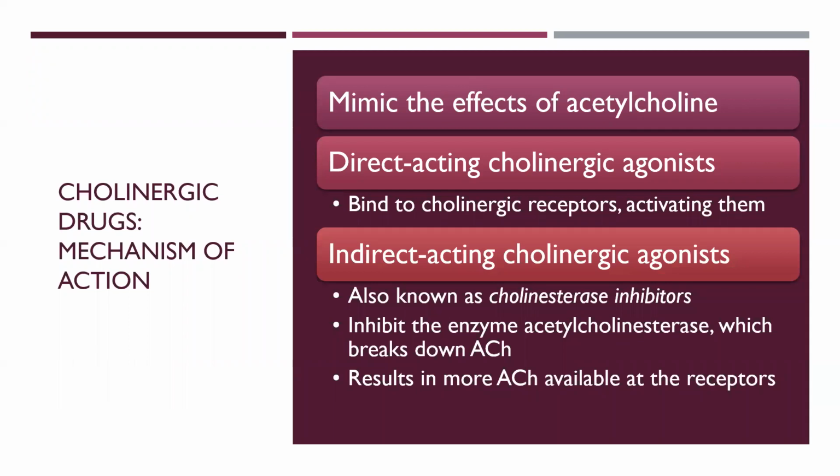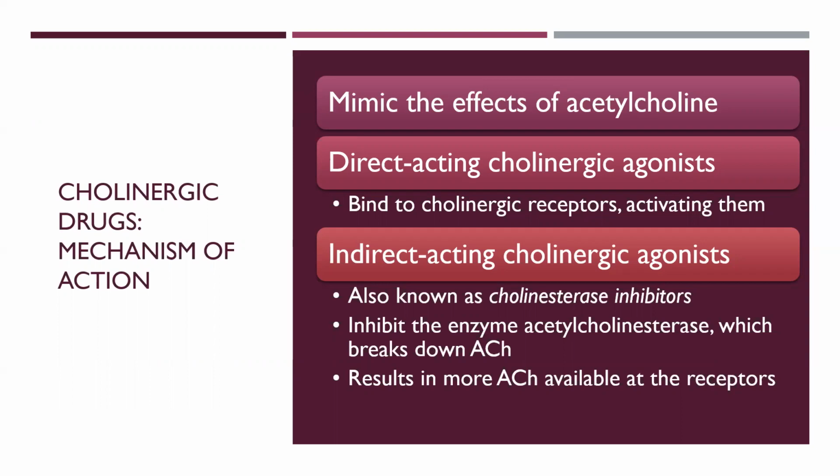So our mechanism of action, they're going to mimic the effects of acetylcholine. Direct acting cholinergic agonists bind to cholinergic receptors, activating them. Indirect are also known as cholinesterase inhibitors. They inhibit the enzyme acetylcholinesterase, which breaks down acetylcholine, which results in more acetylcholine available at the receptors.